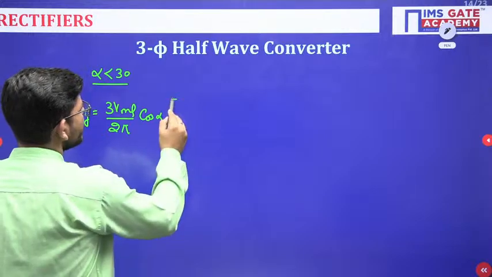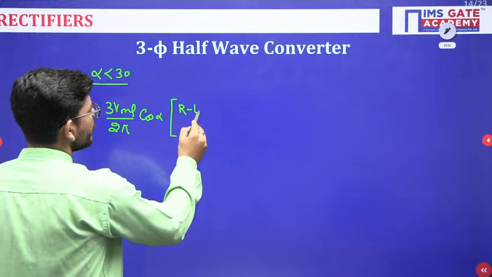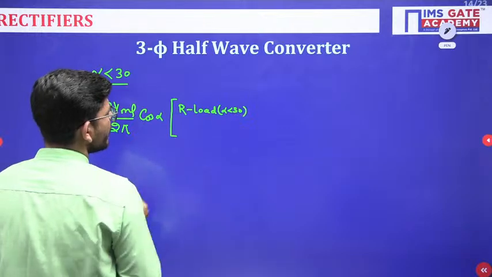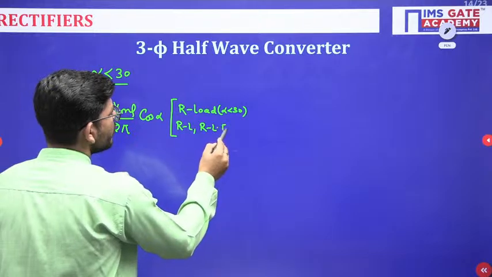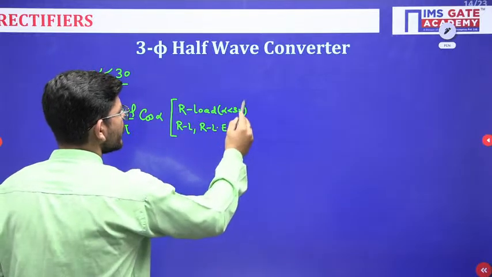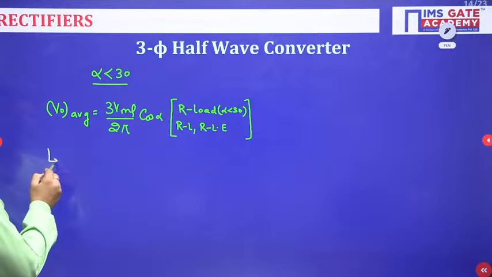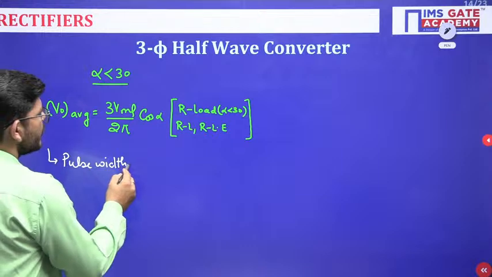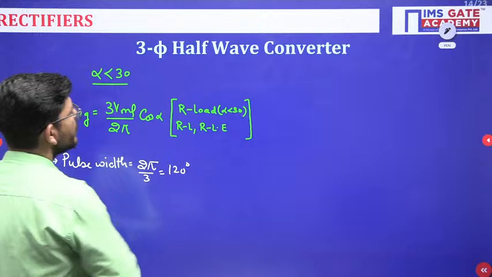And this formula is valid for R load for alpha less than 30, and for RL or RLE load for any alpha. So this is going to be the output voltage formula. What will be the pulse width of each pulse? The pulse width here, for a 3 pulse converter, will be 2 pi by 3 or 120 degrees.